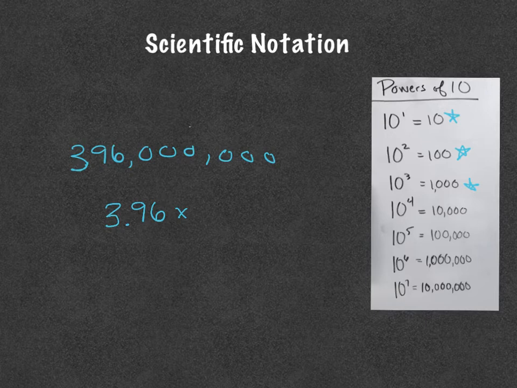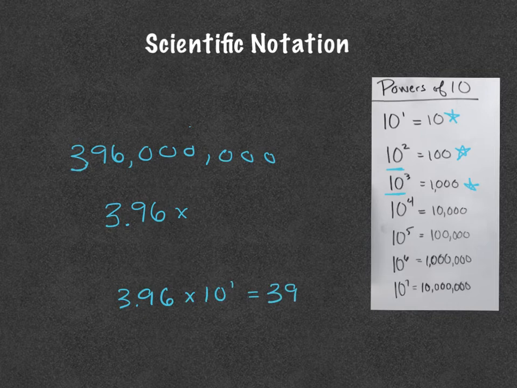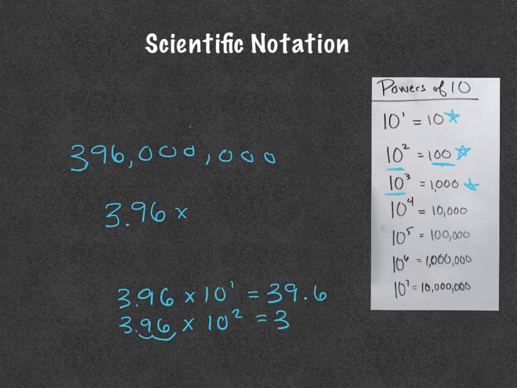Because if we think about when we were multiplying times 10 to the 2 or 10 to the third, we were adding zeros on the end, right? If I were to take 3.96 times 10 to the first, or times 10, I would get 39.6. If I were to take 3.96 times 10 to the second, I'm multiplying it times 100, so I would be moving it 2 places. The number 100, if you notice, has 2 zeros. We're moving it 2 places, so 396.